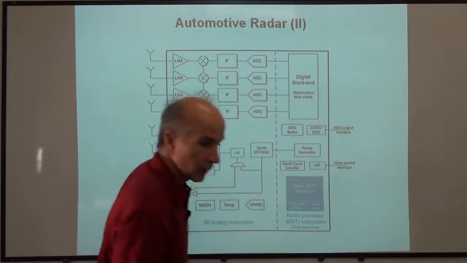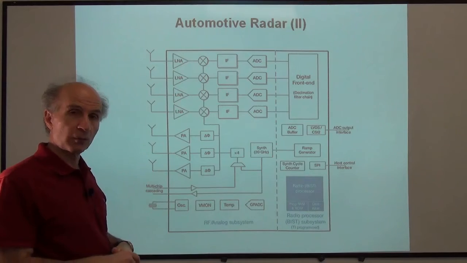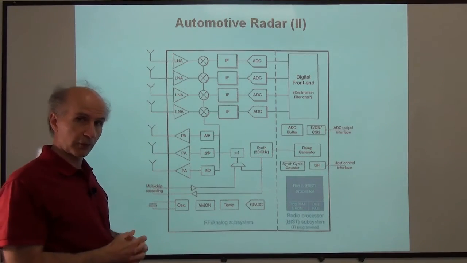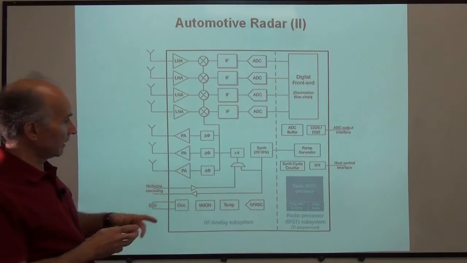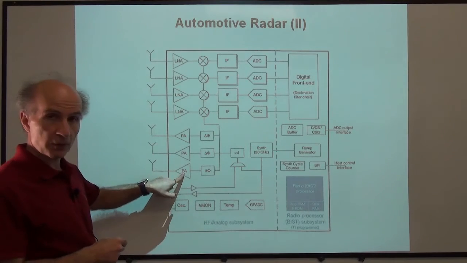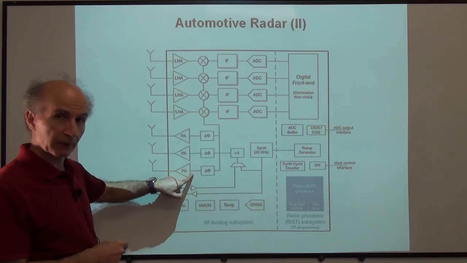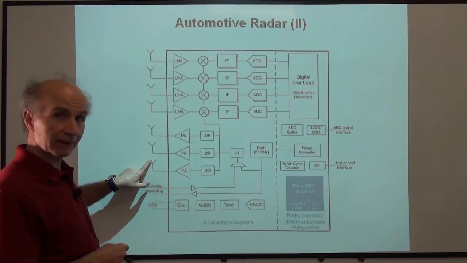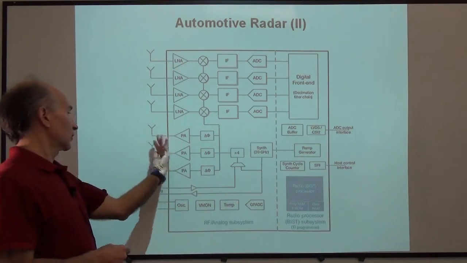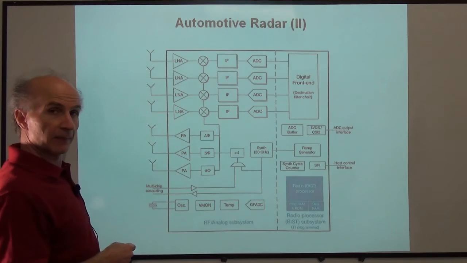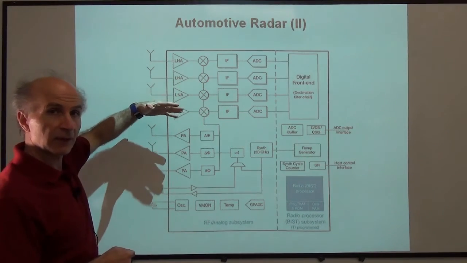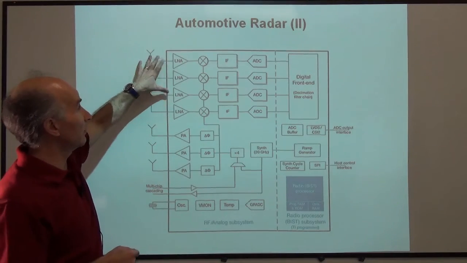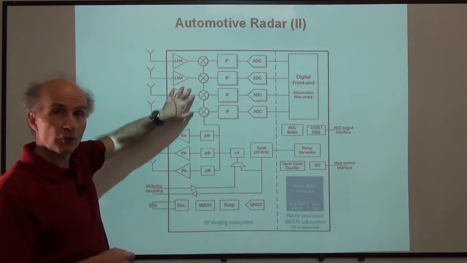Here's a chip that is sold by Texas Instruments for automotive radar. You can see here that they have these amplifiers, called power amplifiers, that generate the radio waves and transmit them through this antenna. We have 3 of these to transmit the radio wave this way. The radio wave hits the object and comes back, is reflected, and now is picked up by these 4 antennas and these 4 amplifiers.